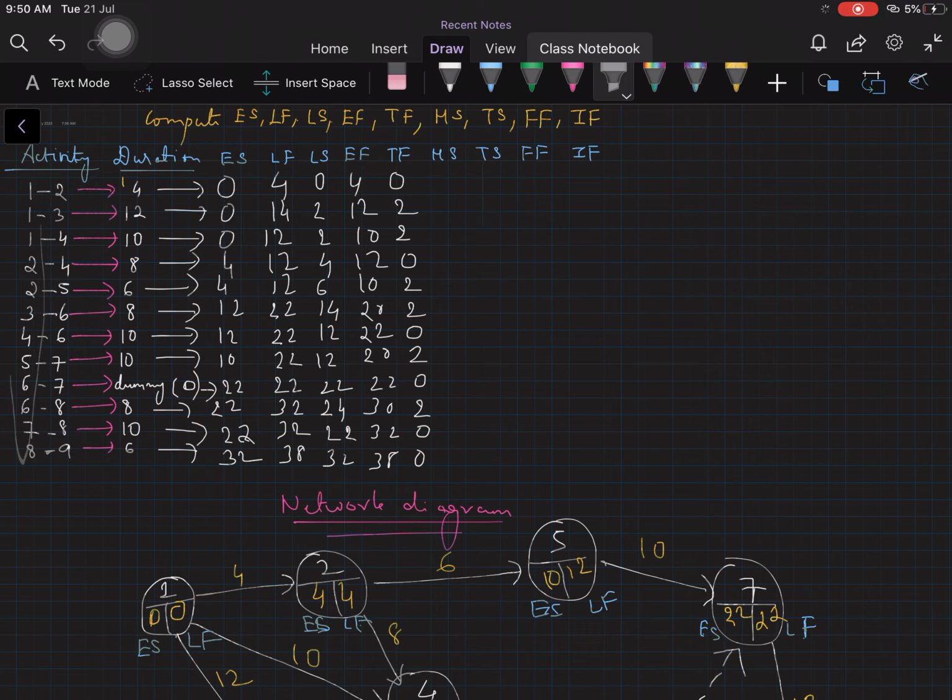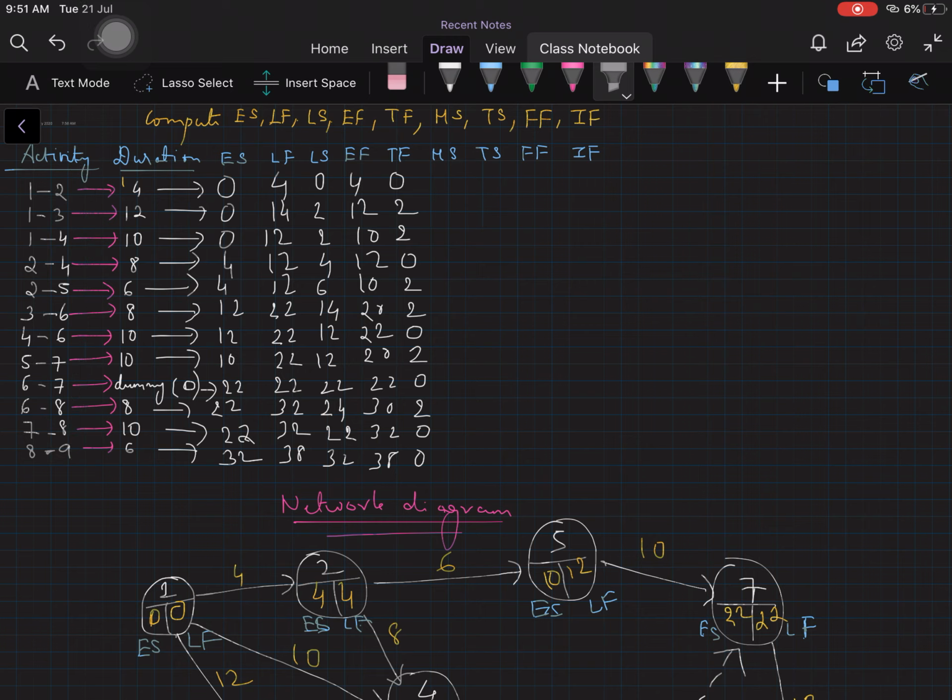These are called tail events of all the activities. Starting events are called tail events, ending events are called head events, the one next to the head of the arrow. Now let's start with head events and then tail events. First we'll start with head events. These are head events of activities because they are near the head of the arrow.